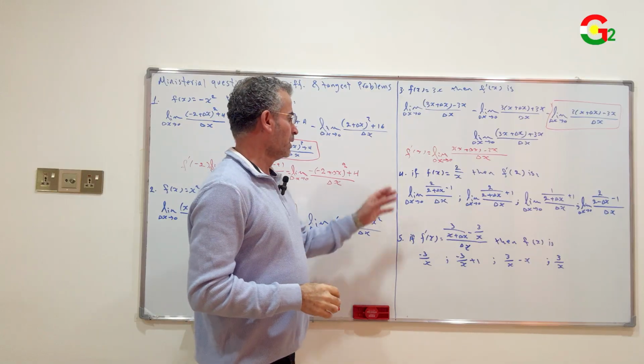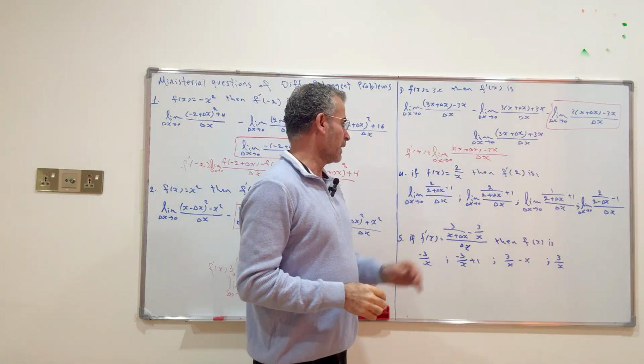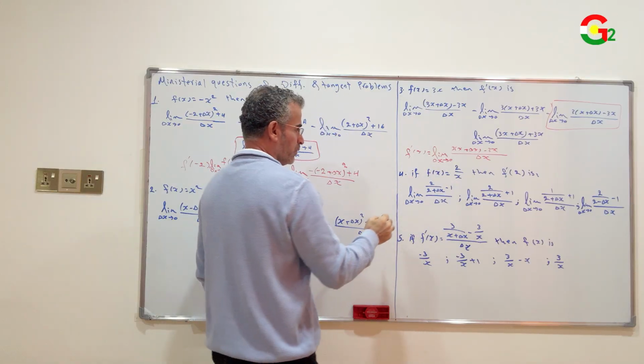Question number 4. If f of x equals 2 over x, then f prime of 2.